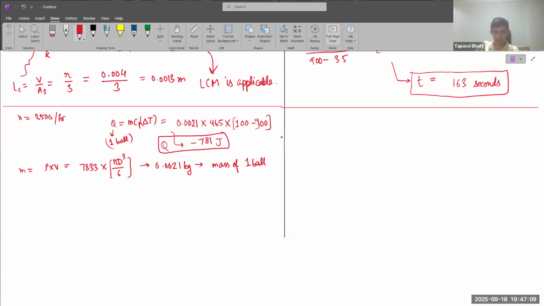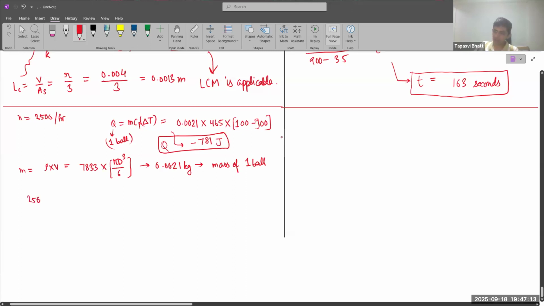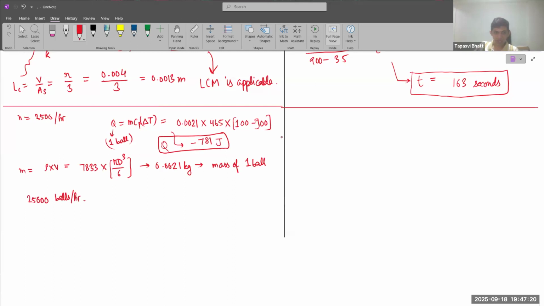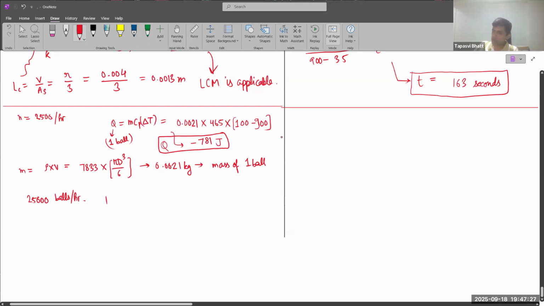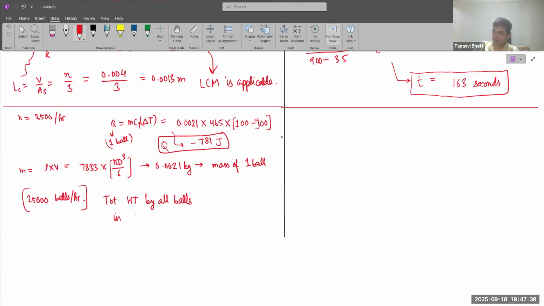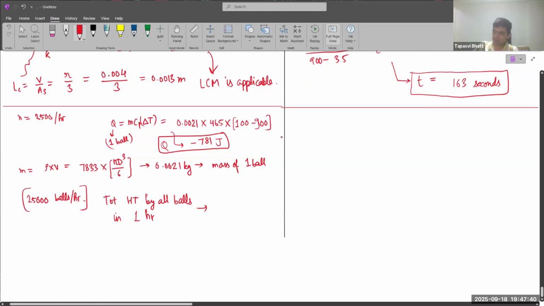Now, they're saying that we have 2,500 balls per hour, right? So the total heat transfer by all balls in 1 hour: how much is it?